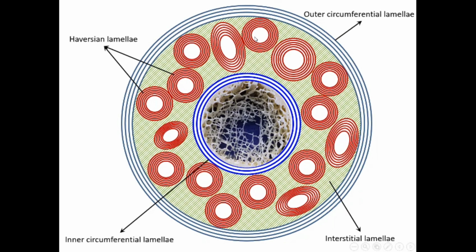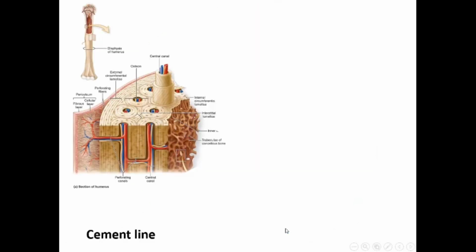Around the blood vessel or Haversian canal we have Haversian lamella, and filling the spaces between the Haversian canals or Haversian systems is an irregular lamella called interstitial lamella. So 4 types: outer circumferential, inner circumferential, Haversian, and interstitial lamella.